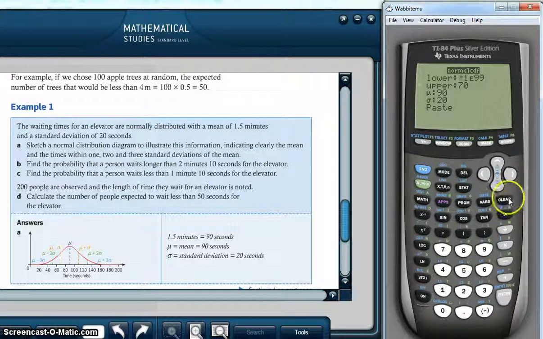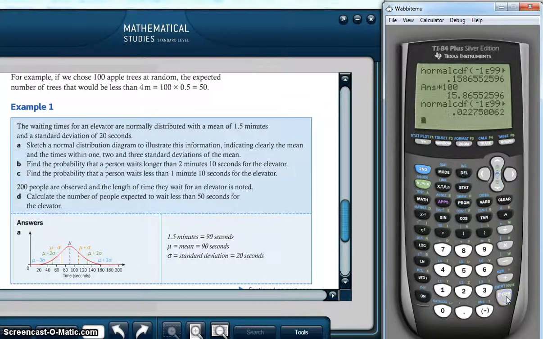Less than 50 seconds. So my upper is 50. Nothing else has changed. And I have 2.27, 2.28 of 200 people.